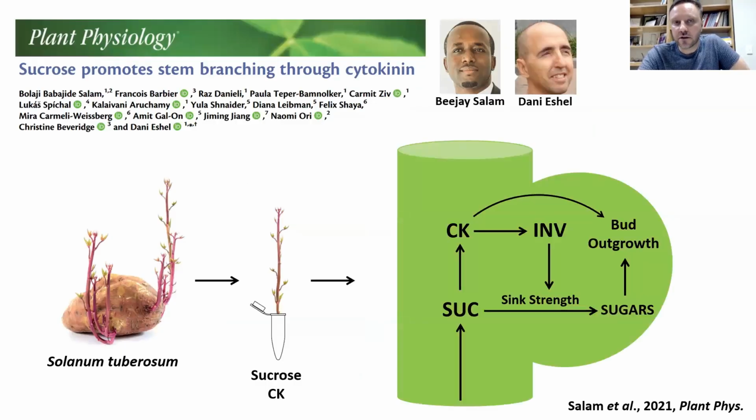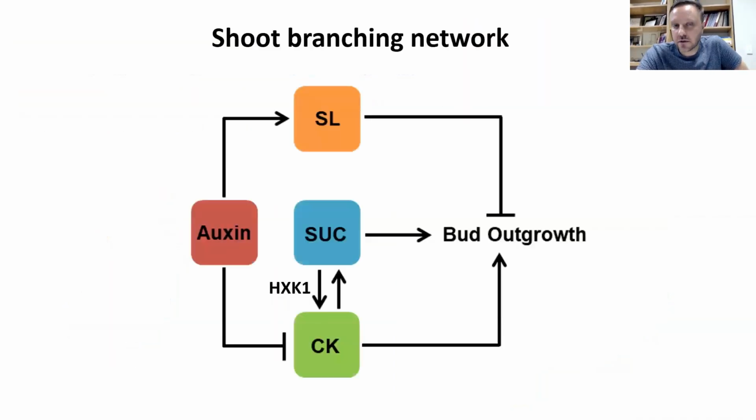I'm not going to show the results, but our work has shown that cytokinins were triggering invertase activity to get sucrose to enter the bud and to promote this effect. So it seems that there is a positive feedback loop between sucrose and cytokinin during the promotion of bud outgrowth. So now, what about the interaction between sugars and strigolactones?